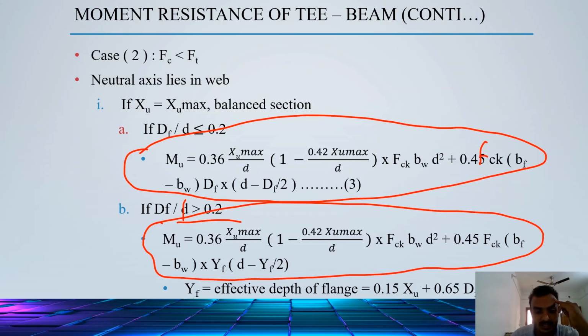Understood? So what is yf? yf is the effective depth of flange. Effective depth is 0.15 Xu plus 0.65 Df. This is the equation for yf, the effective depth of flange.